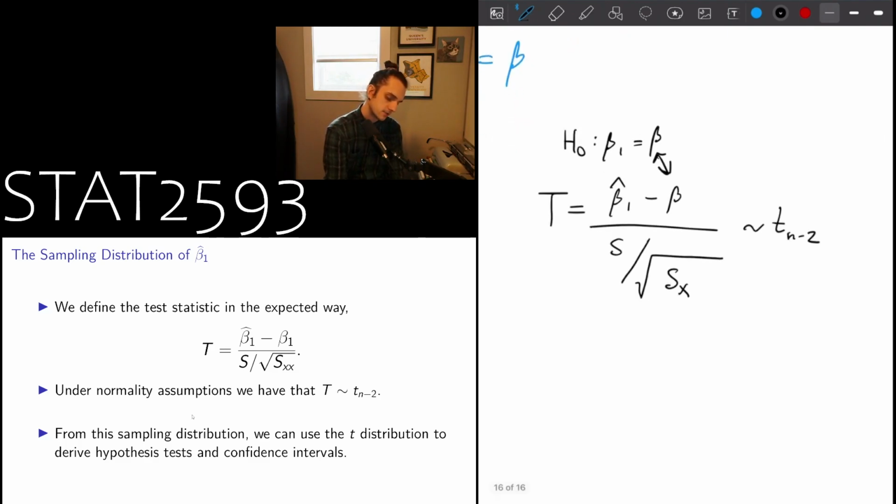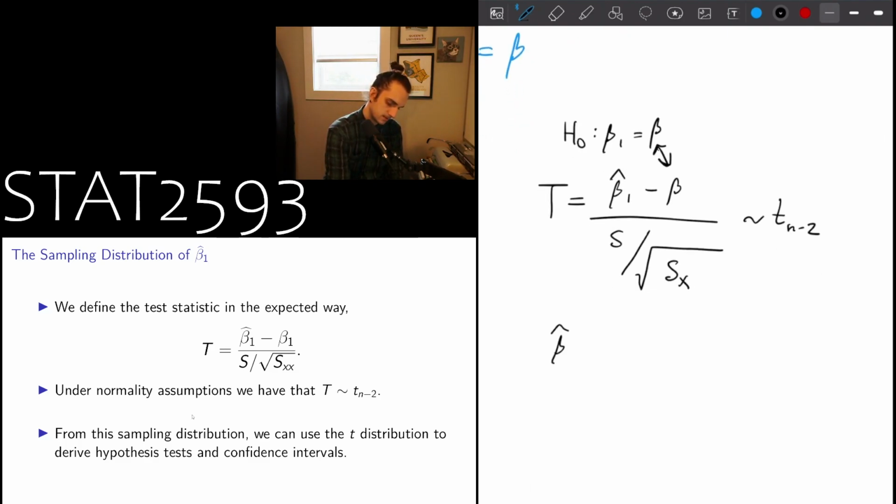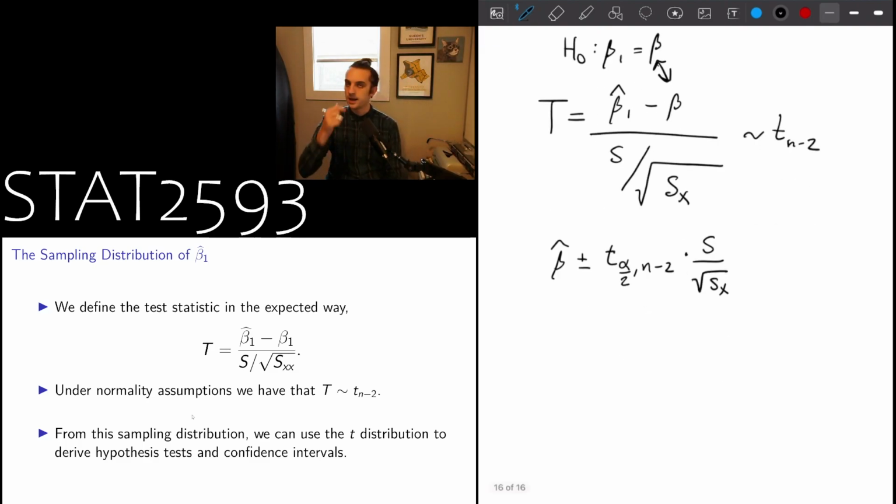And so then we can either take beta 1 plus or minus the t alpha over 2, n minus 2 times our standard error here, right? Or we can use this to compute our p-value, where once again we'll be looking at some t-distribution here.